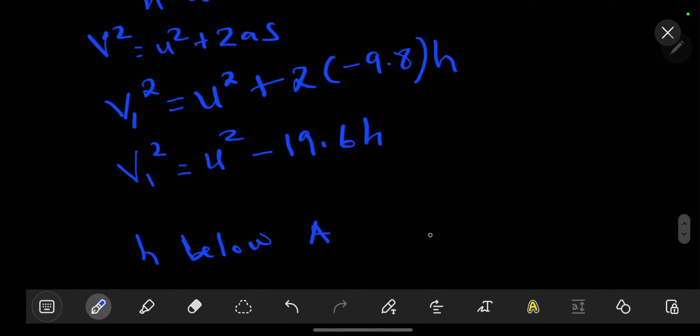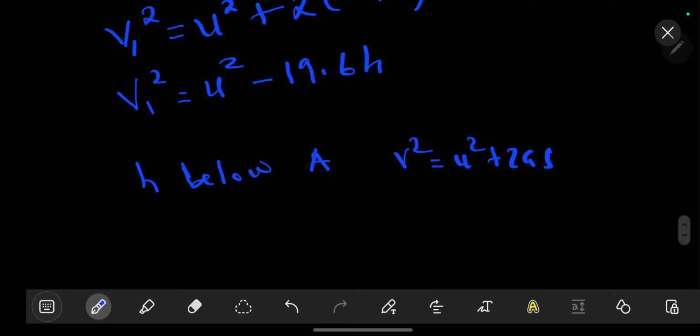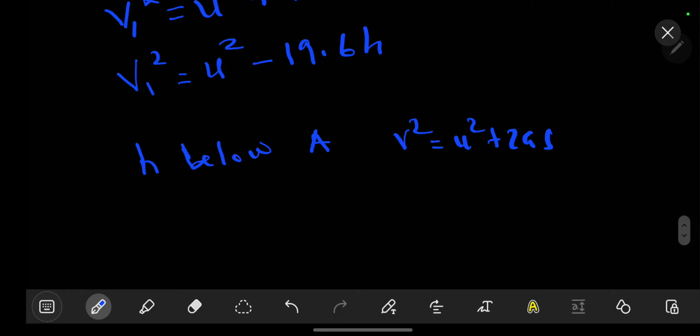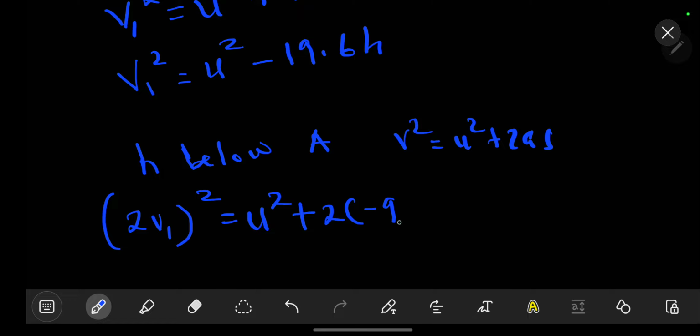Using this same equation, v squared equals u squared plus 2as, at the height h below A, we were told that the velocity is double, so we have 2v1 squared equals u squared plus 2, then the gravity, regardless of all points, will be considered negative because initially it was negative.